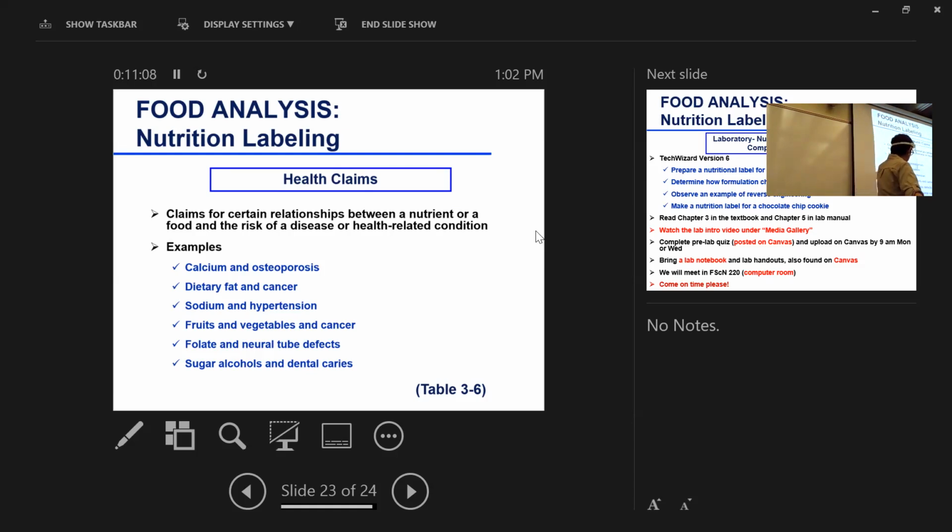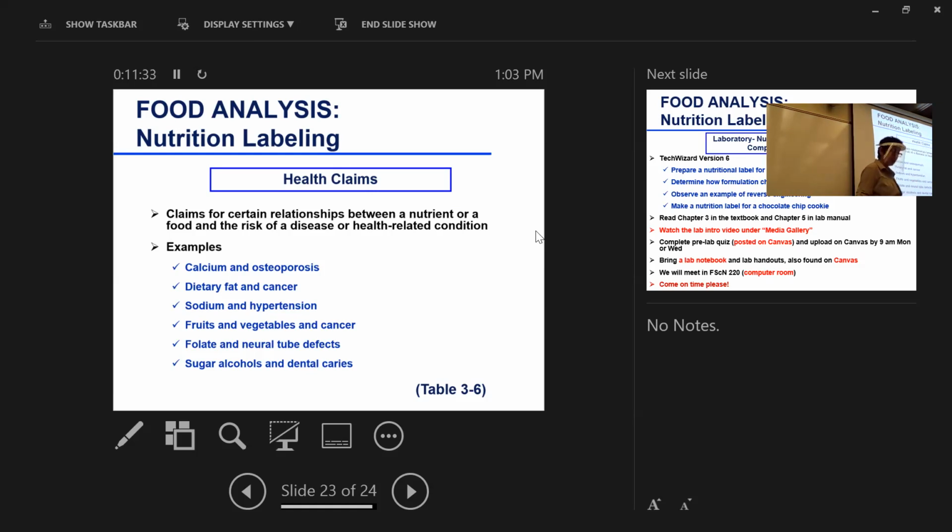So calcium has been related to osteoporosis. So a high source of calcium would be good for osteoporosis. Dietary fat and cancer. Sodium and hypertension. Fruit, vegetables, and cancer. Folate and neural tube defects for babies.